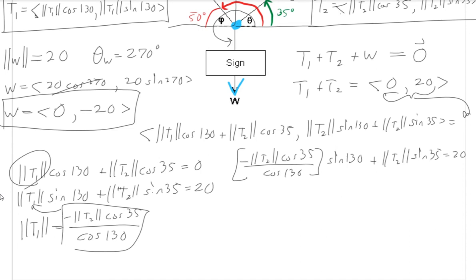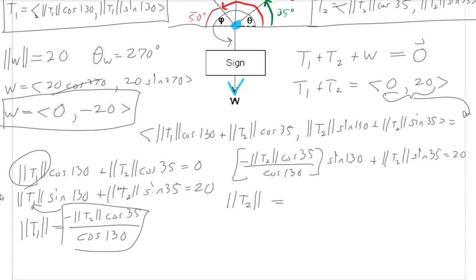Now solving for T2 just takes a little bit of algebra. We can factor T2 out of the whole thing and then move things over. First, I would subtract the sine of 35 over, so I'd have 20 minus sine of 35. Oh, not subtract sine of 35. What am I doing? I would divide everything else over.